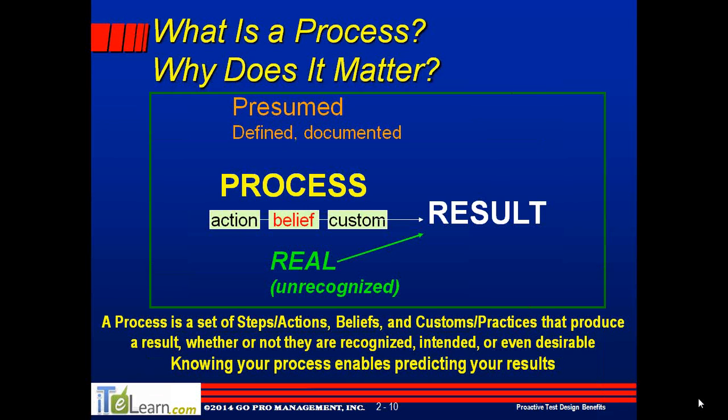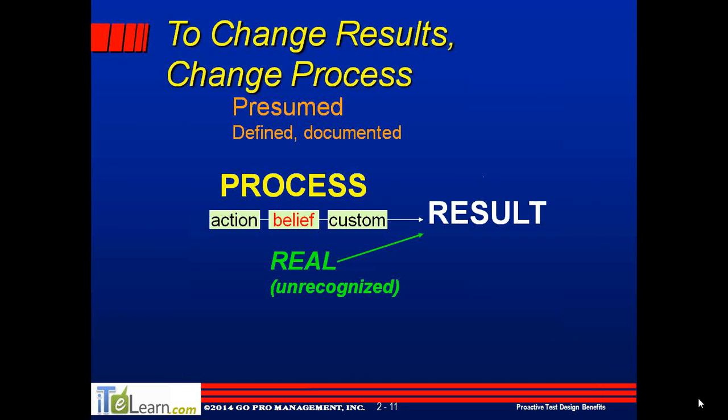So if we want to change our results, what do we need to change? We need to change the process. Well, which process do you think people change? The real process that's actually producing the results that they may not even be aware of, or the presumed process that they think is producing the results? Well, of course, they're going to change the presumed process.